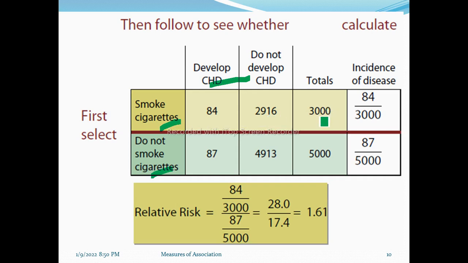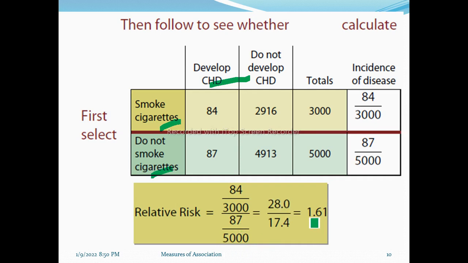So 3,000 is the total, and 5,000 is the total. The incidence of disease in the exposed population is 84 over 3,000, and the incidence in non-smokers is 87 over 5,000. So relative risk is equal to 84 over 3,000 over 87 over 5,000.